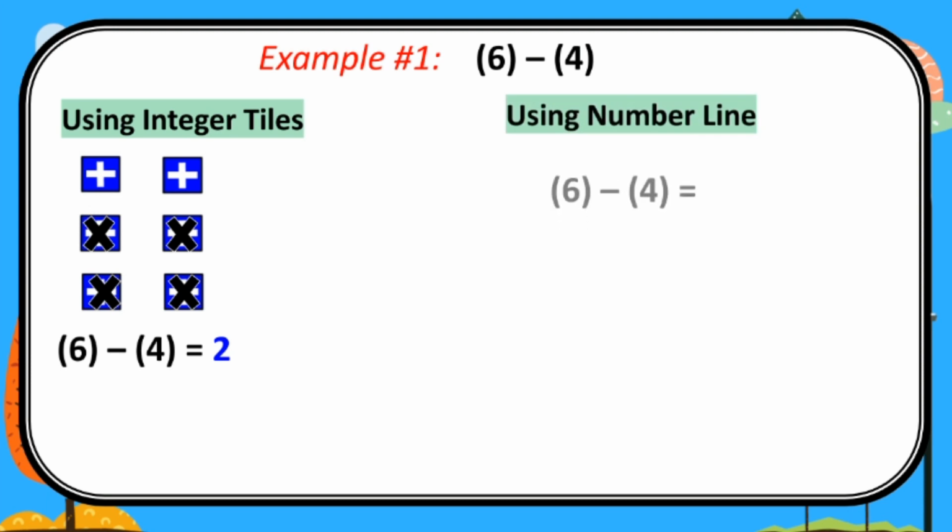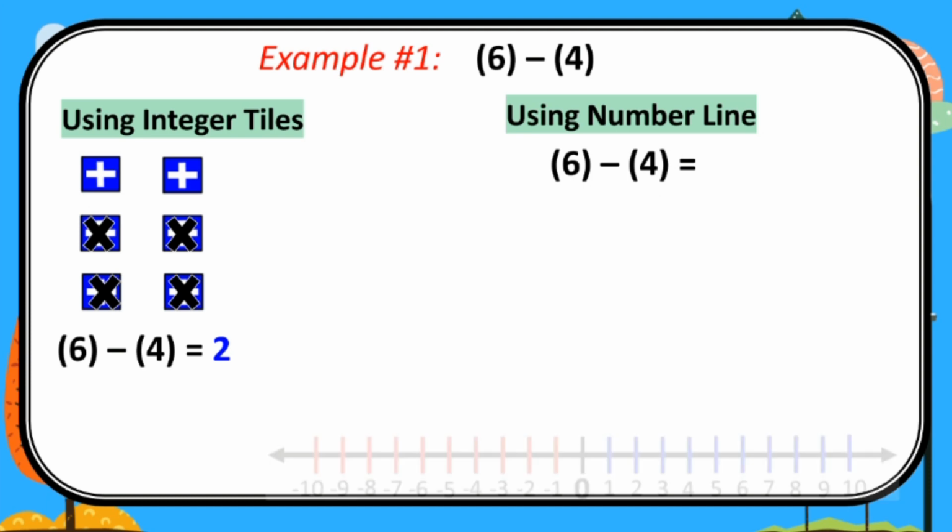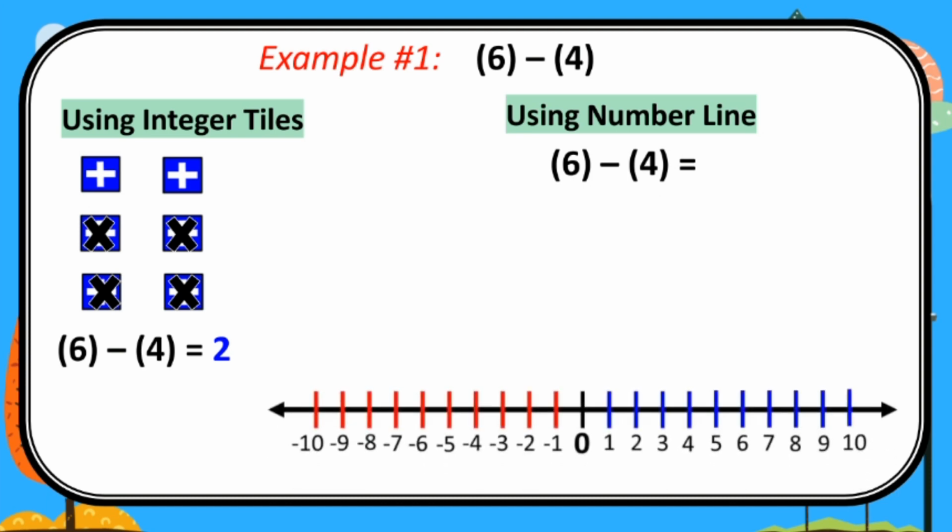Using number line. So, gamitin pa rin natin yung given, positive 6 minus positive 4 equals blank. Ang minuend natin ay positive 6. So, ibig sabihin, go 6 units to the right. So, tandaan kapag positive, pakanan. So, mag-start tayo sa 0.